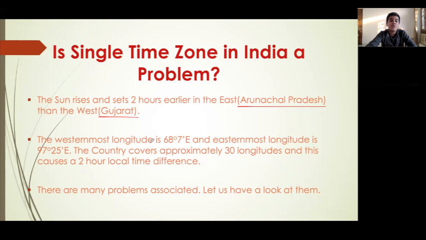The westernmost longitude is 68 degrees 7 minutes east, and the easternmost longitude is 97 degrees 25 minutes east. This shows that the country covers 30 longitudes and it causes a 2-hour local time difference. So 15 longitudes make a 1 hour time zone, and 30 longitudes will make a 2-hour difference.